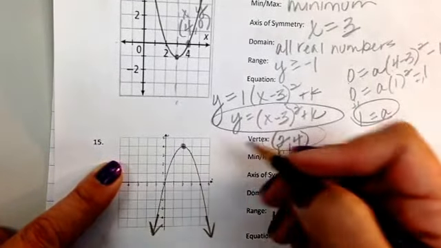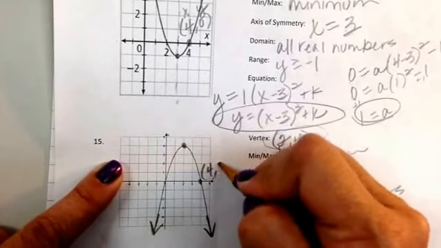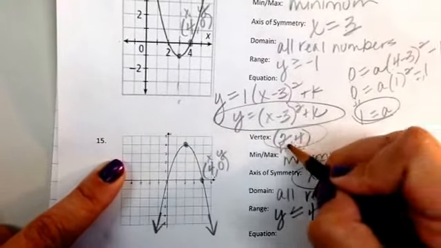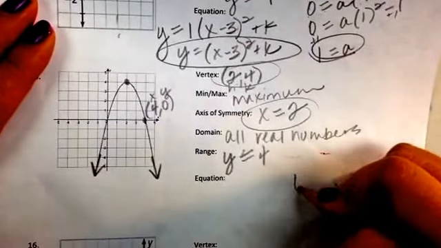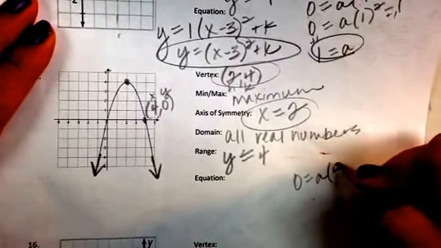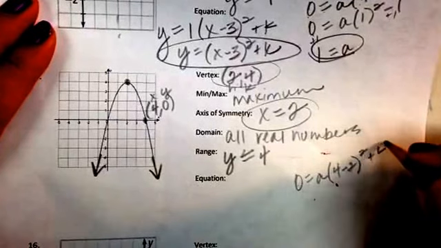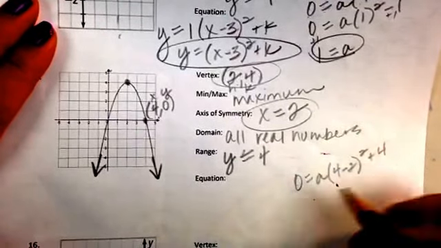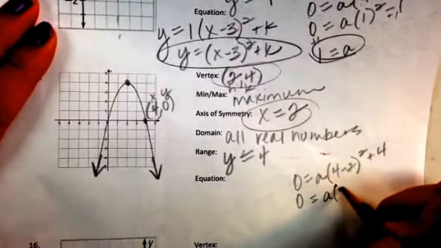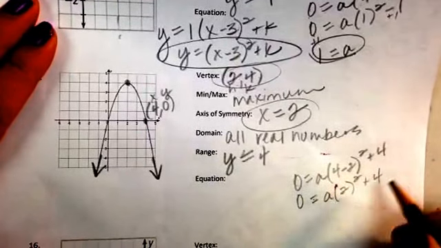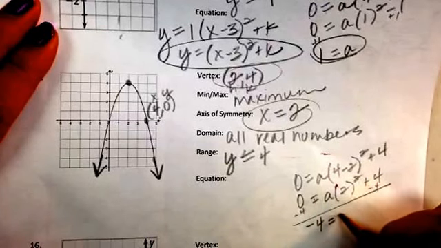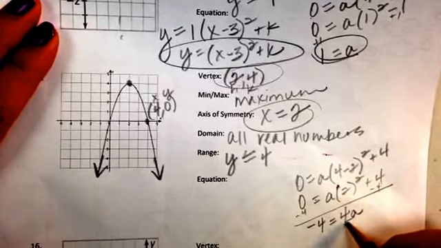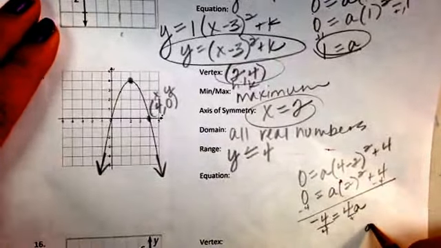My equation, let me use the point 4, 0 again, x and y, and then I have my h, k of 2, 4. I'll write the equation, y equals a times the quantity x minus h squared plus k. As I go through and simplify, 0 equals a times 2 squared plus 4. If I take 4 away from both sides, negative 4 equals 2 squared is 4, so 4a. If I divide both sides by 4, a is equal to negative 1.